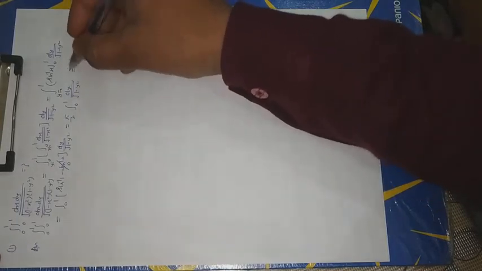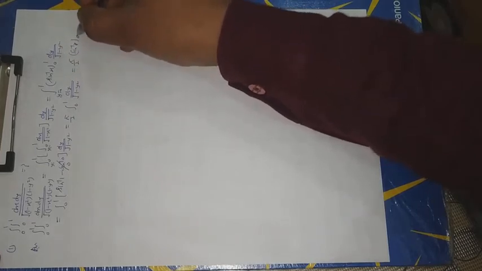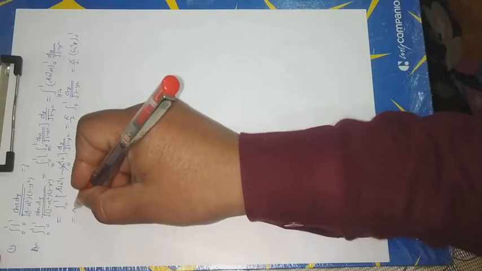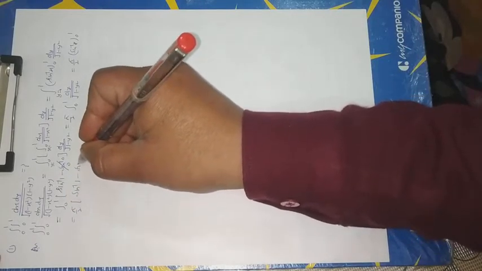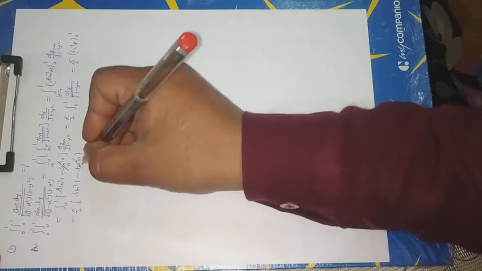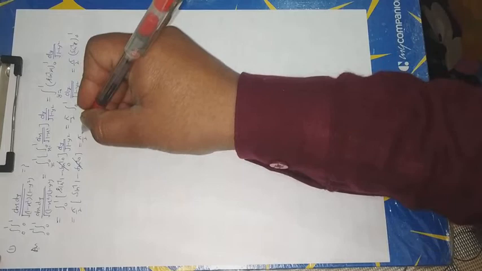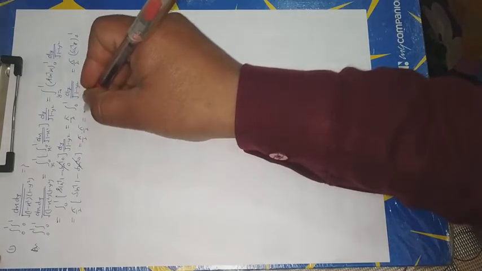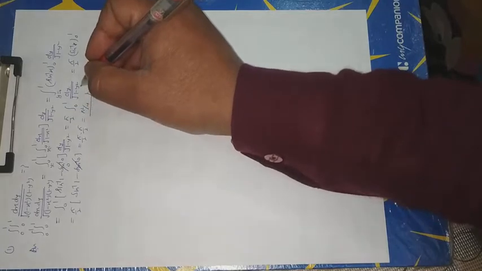The value of the integral is sine inverse y, limit 0 to 1. This is equal to pi by 2 times sine inverse 1 minus sine inverse 0. Sine inverse 0 is equal to 0, sine inverse 1 is equal to pi by 2. Now pi by 2 times pi by 2 is equal to pi square by 4. This is the complete solution.